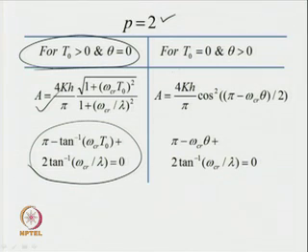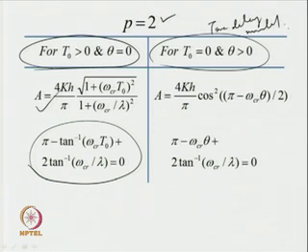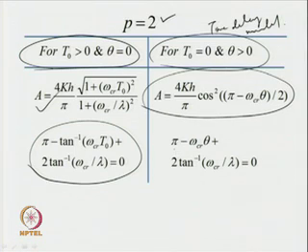Now, for T0 equal to 0 and theta not 0, for transfer function models which are known as time delay models, the two equations are A is equal to 4kh upon pi cos square((pi minus omega c r theta) upon 2), and the phase condition will give us pi minus omega c r theta plus 2 tan inverse (omega c r upon lambda) is equal to 0.